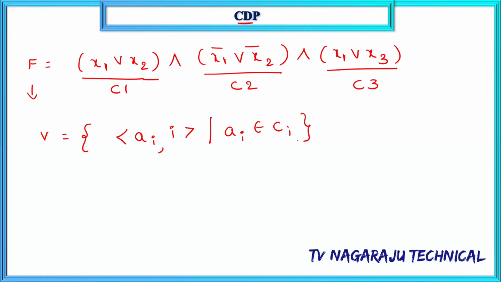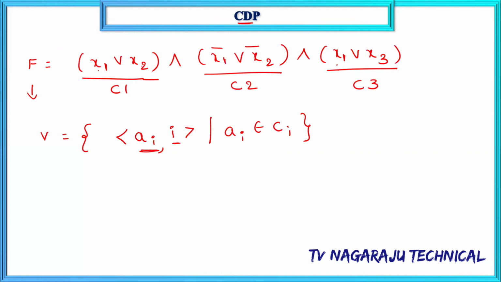What is the meaning? It's very easy to understand. i specifies the clause number. Ai specifies each and every variable. That means how many vertices do you have? 1, 2, 3, 4, 5, 6. Total 6 vertices.